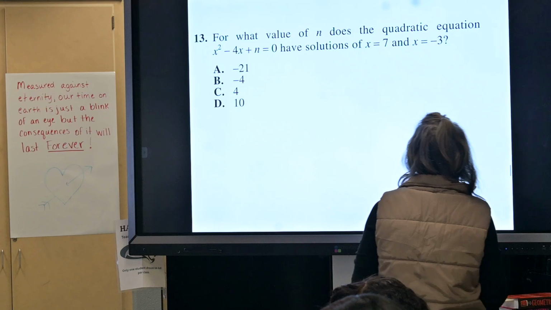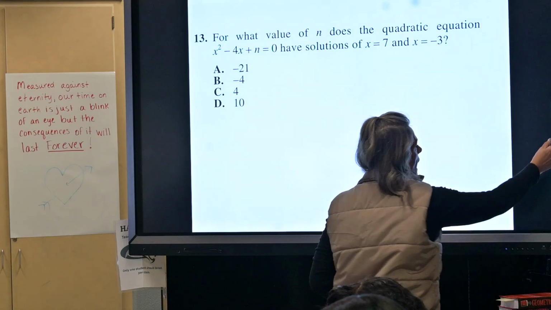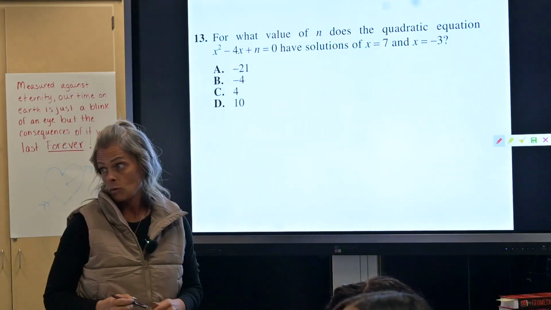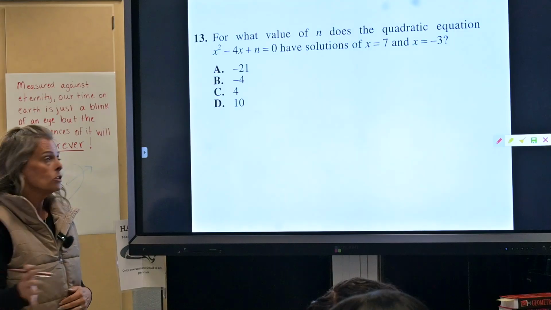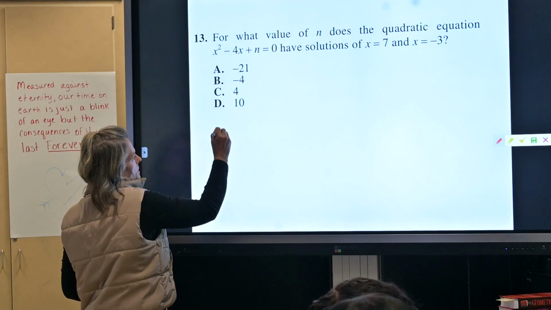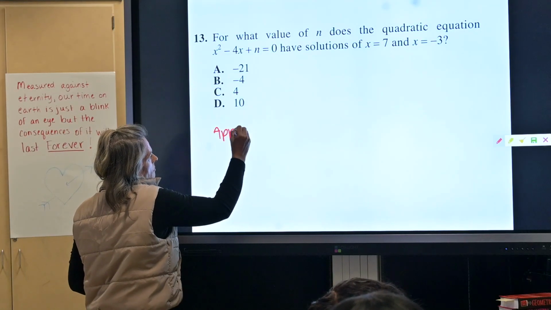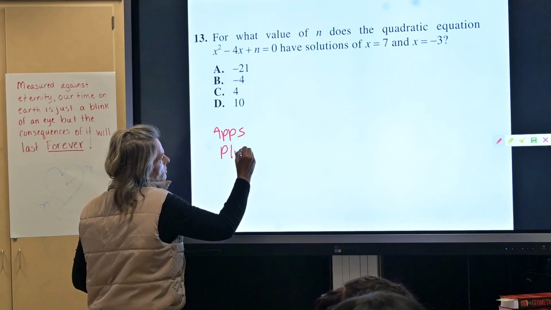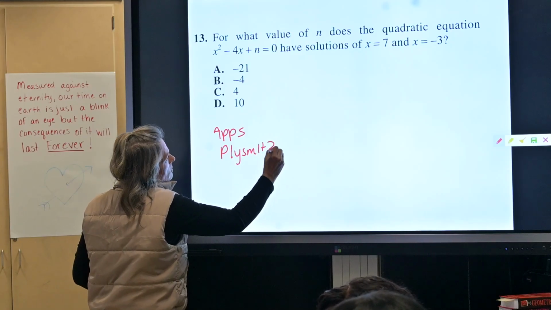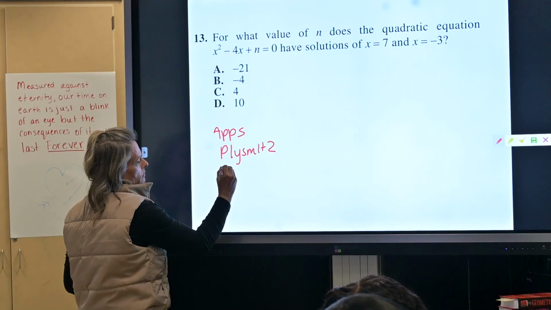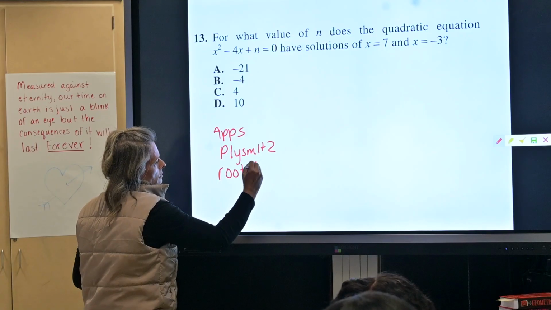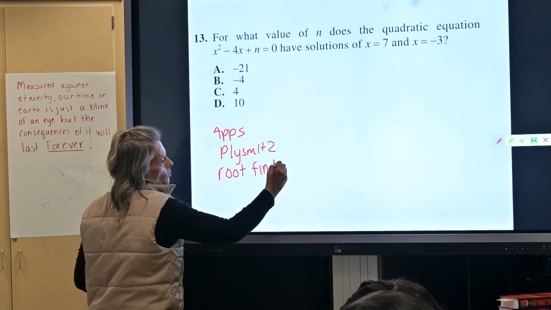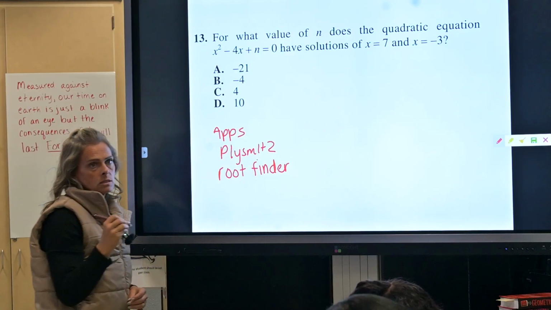Okay, so 13, I would actually use my app for this one, okay? So in your PolySmelt app, so apps, PolySmelt 2, and then this would be your root finder. Okay, roots are where the graph crosses the x-axis.